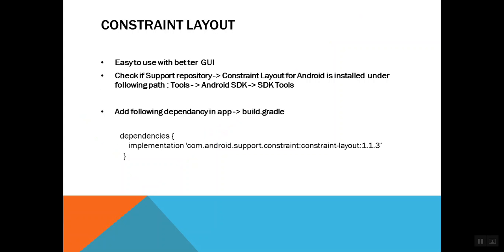If you want to check if we are having the constraint layout support or not, we can follow this path. We can go to the tools, Android SDK tools. Under that you will see support repository and constraint layout. If it is not there, or if it is not installed for some reason, we can install that.